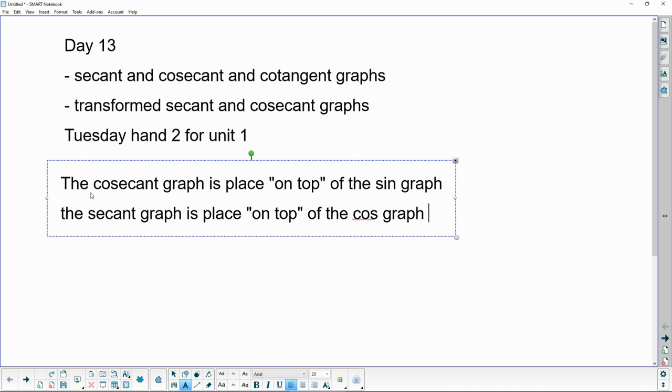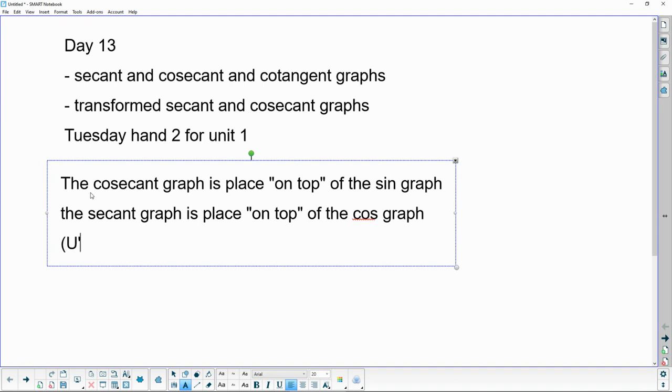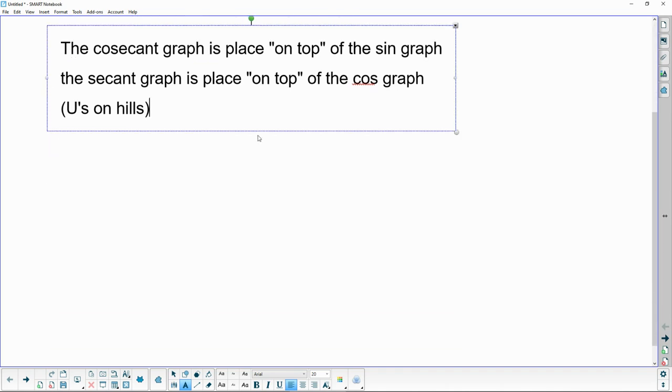The key point I always remember is "U's on hills." If you can remember that, you just put a U on top of a hill. Okay, so let's do the cosecant graph first.